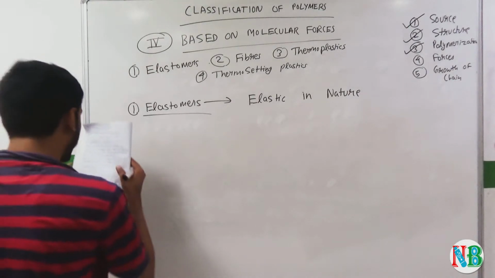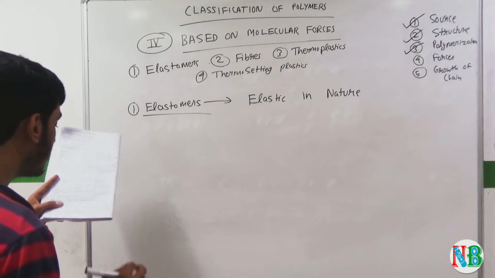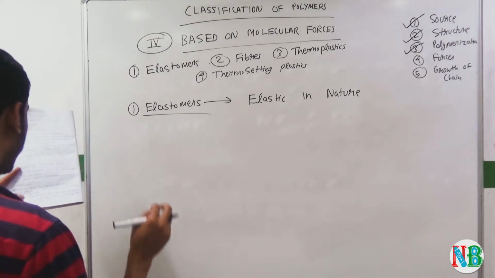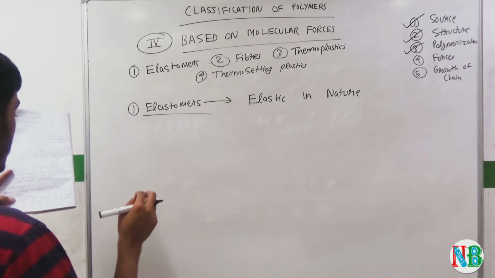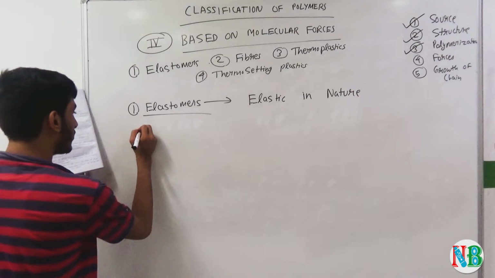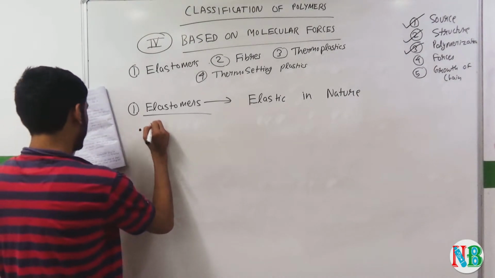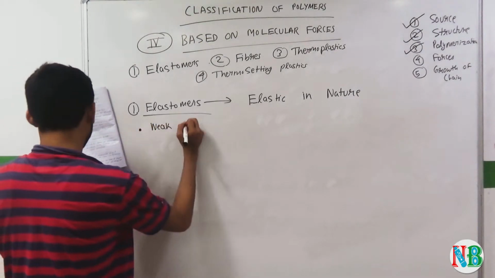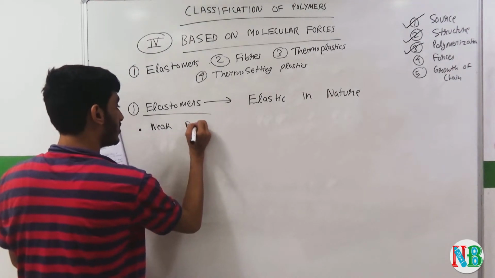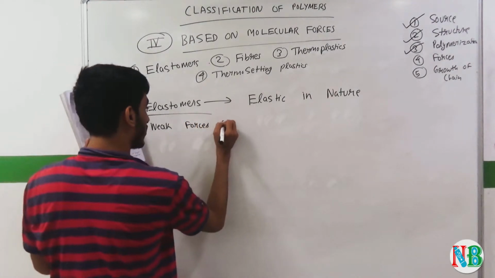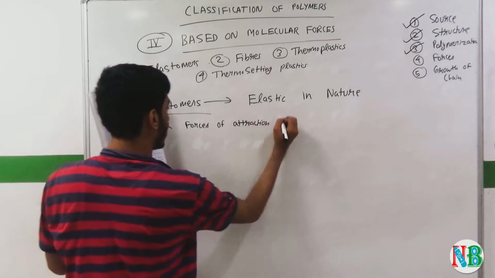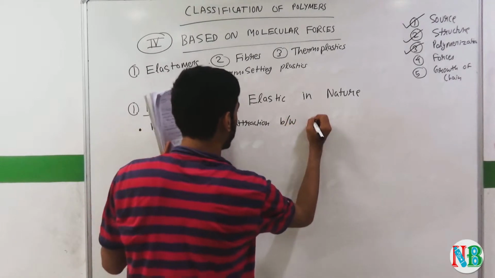If I have to explain them, they are the polymers in which the intermolecular forces of attraction between the polymer chains are weakest. I will say weak forces of attraction between the chains.